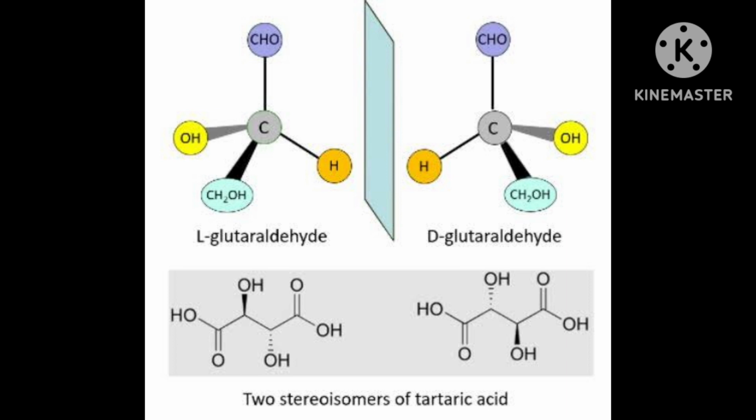Here you count how many total carbons there are. 1, 2, 3, 4, and 4 to 6. 6 carbons are there, not only 4. 1, 2, 3, 4, 5, 6.